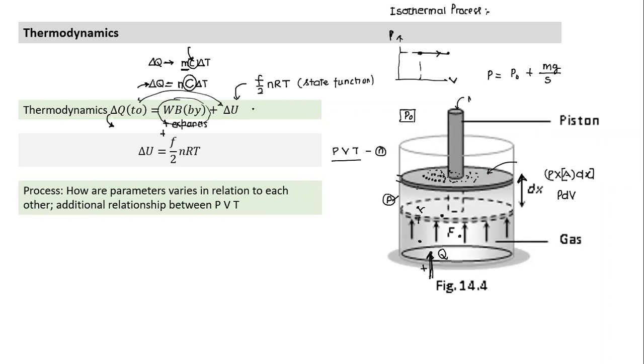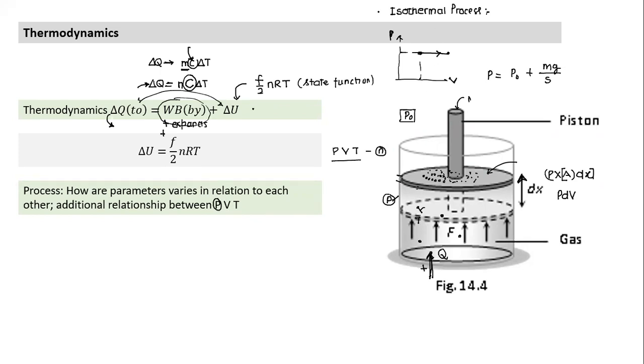What does isothermal process mean? I am varying these parameters, but I am keeping T fixed. What is a constant pressure process? I am varying the parameters in such a way that P is not changed. If I don't change V, it becomes a constant volume process. We understood how we do it.